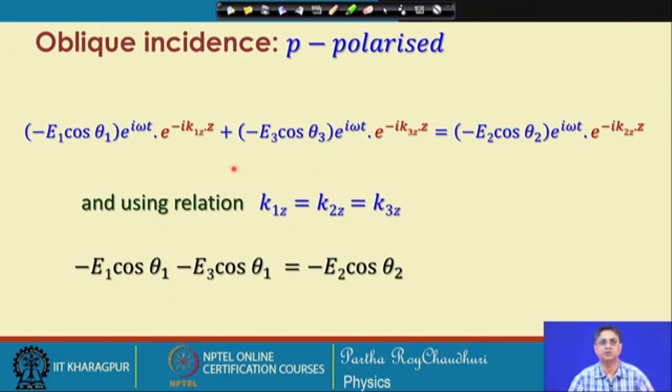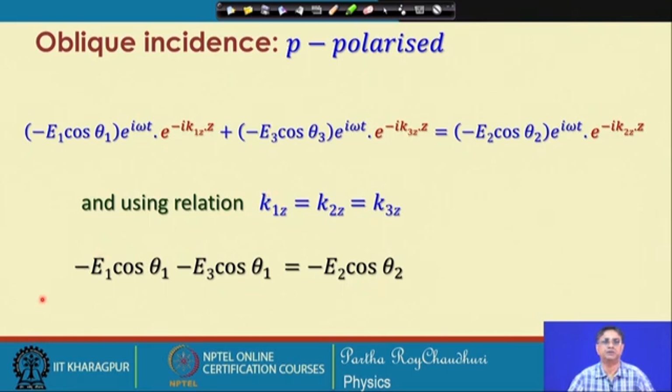Also, we will use the relation that k 1 z, k 2 z and k 3 z are all equal. They are the z component, the tangential component, of the propagation vector. So, you can also eliminate these exponential terms.